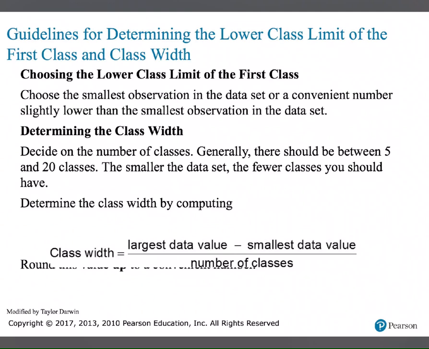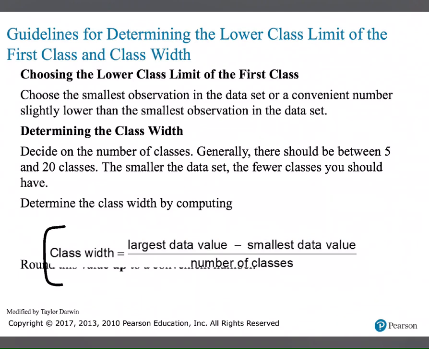You need to figure out the range of your data and determine how many classes you want. That determines how big they need to be. Again, this can vary a lot. That's why I do it for you most of the time.